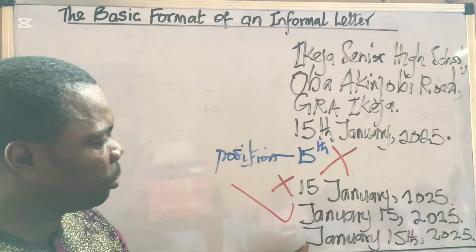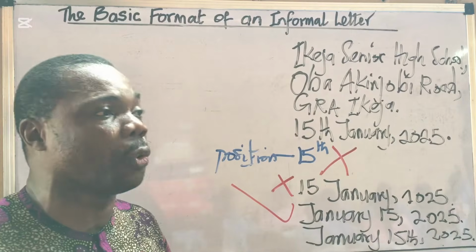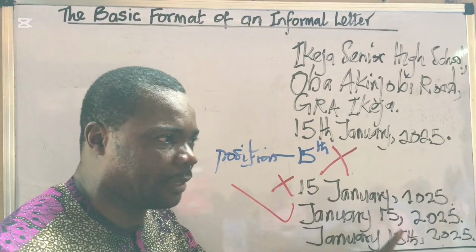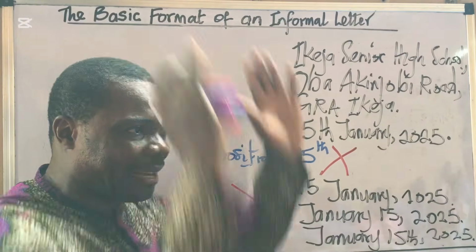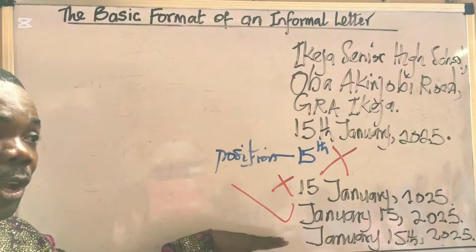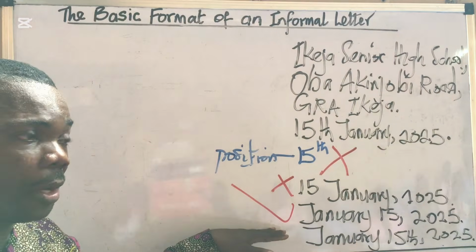If you want to write the month before the day, then the day must be written as just a cardinal number, January 15, 2025. This is acceptable in WAEC and NECO. All right?